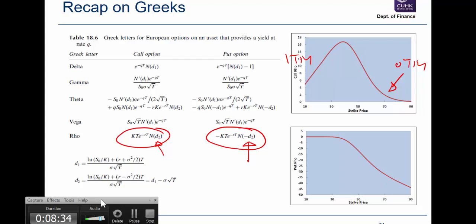If you really want to know why they look like this, all you've got to do is imagine how the rho, for a call or for a put, changes when K changes. Of course, when K changes, T doesn't change, but the N(d2) inside will change. I don't want to explain to the final detail, but it goes like this for that reason.